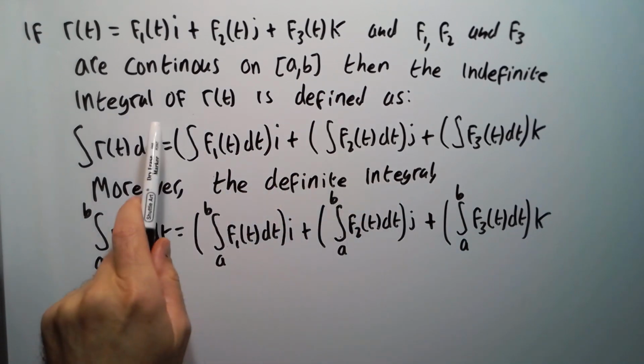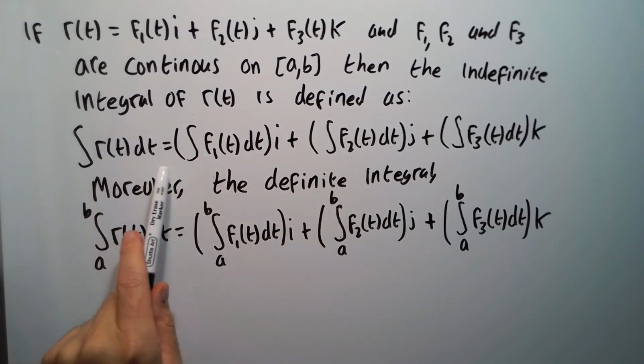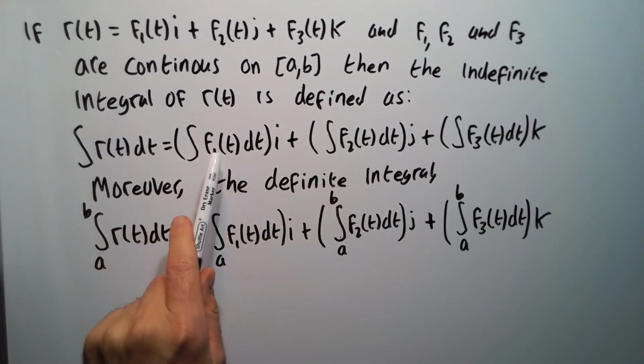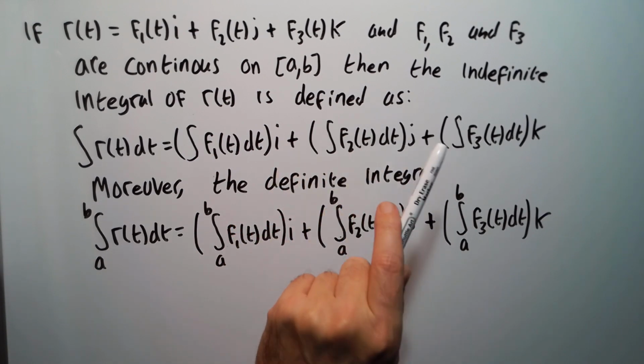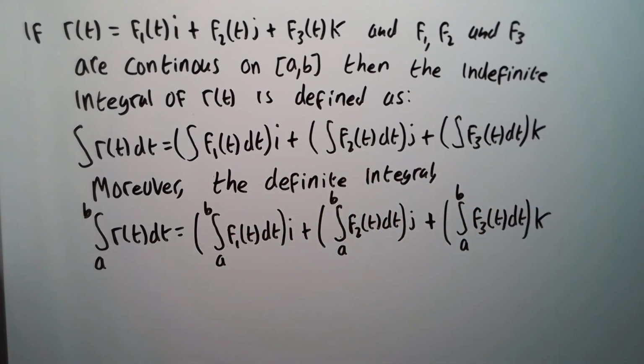Then the indefinite integral of r of t is defined as, you basically just integrate the f1 guy, i direction, f2 guy, j direction, f3 guy, k direction. Moreover, the definite integral, so when you have numbers up here, you just put numbers on the integrals of the f's here. Okay, so it's a natural extension of the single variable integral.